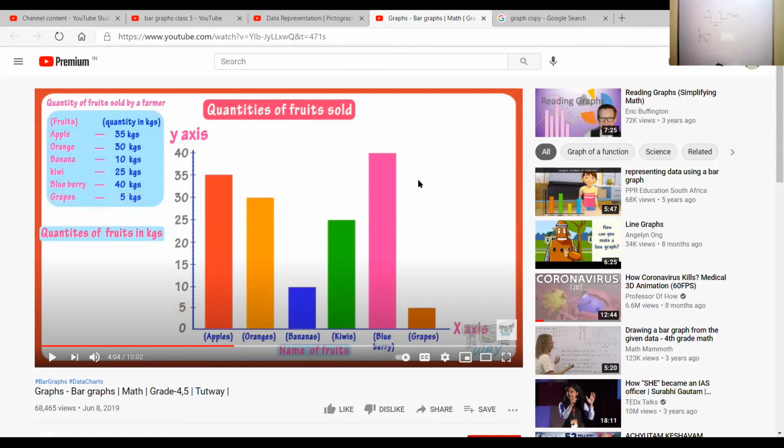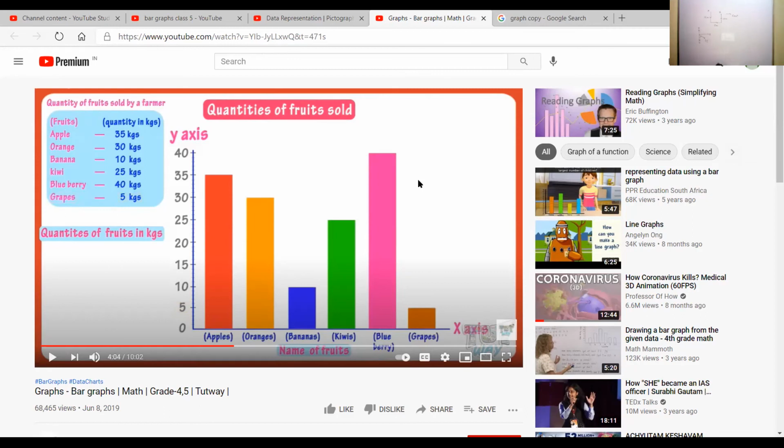But here in the book, they have drawn a horizontal bar graph. Is it a horizontal bar graph or a vertical bar graph? What kind of bar graph is this? Sir, horizontal. Sorry, it is a horizontal bar graph, but we will not draw a horizontal bar graph.